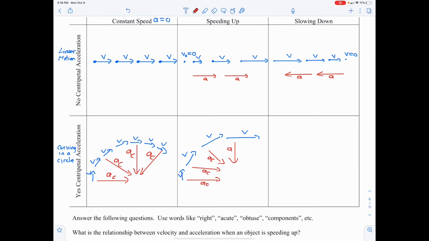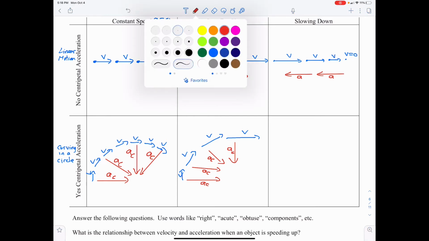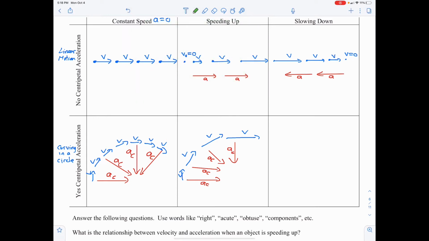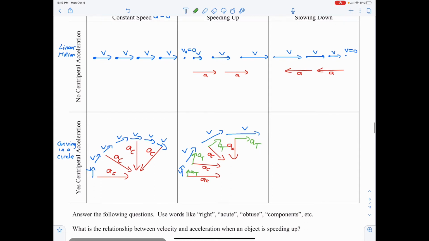But the overall acceleration would be a little bit different because now you'd have a tangential acceleration, which I'm going to call A sub t. And you could see A sub t is pointing in the same direction as velocity because it is the tangential acceleration that involves an object speeding up or slowing down as it's navigating the curve.